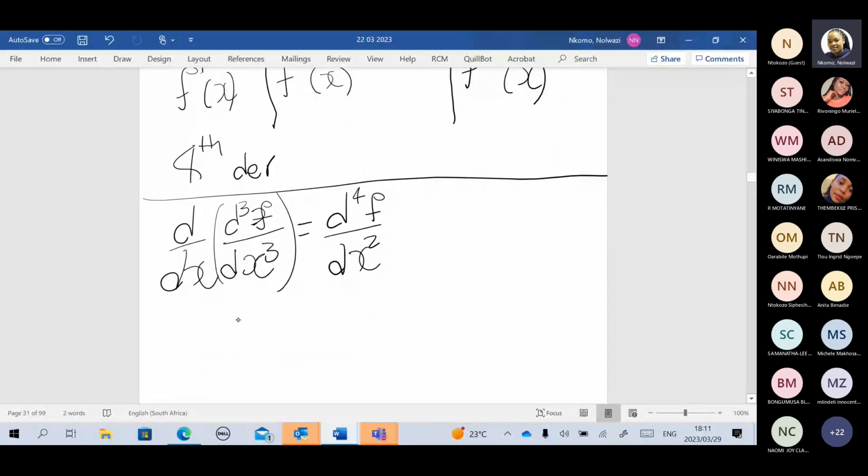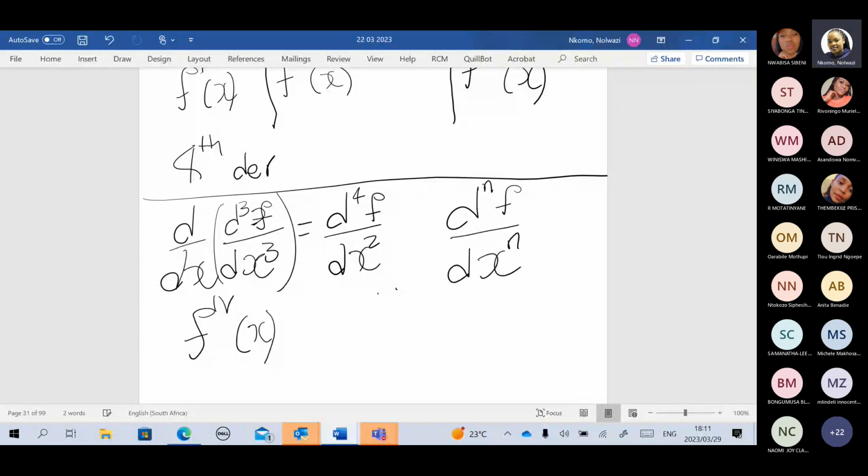This is the same thing as f to the power 4 of x, right? Up to the nth derivative. You can write the nth derivative as d to the n f over dx to the n, meaning we are differentiating f n times, and you can write this as f to the power n of x.